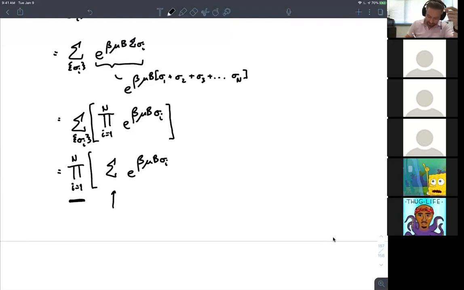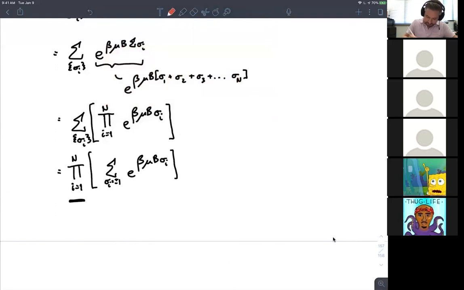Okay, so in other words, what you do is you just sum over sigma i equal to either plus or minus 1. And that's easy, right? We can do that. Okay, so now these two things, again, you just swap your sums and products, you get the same thing. Okay, now, hey, look at this thing.